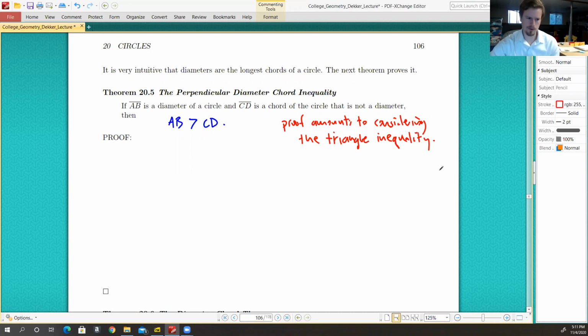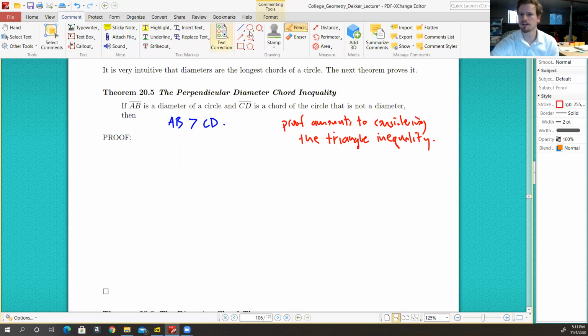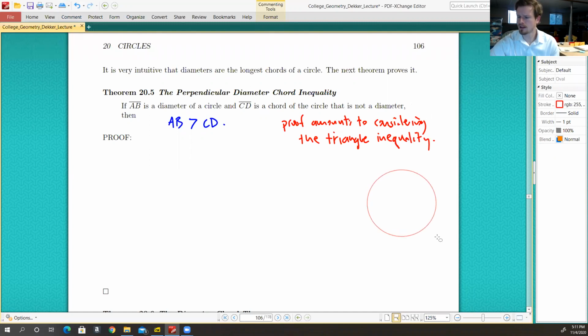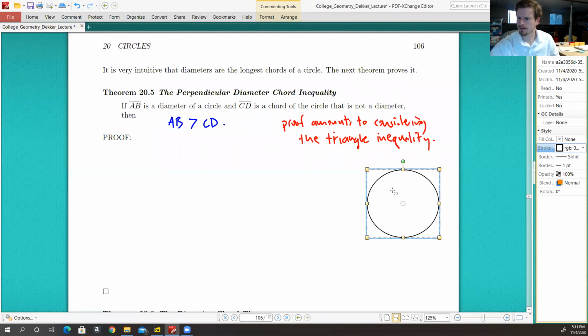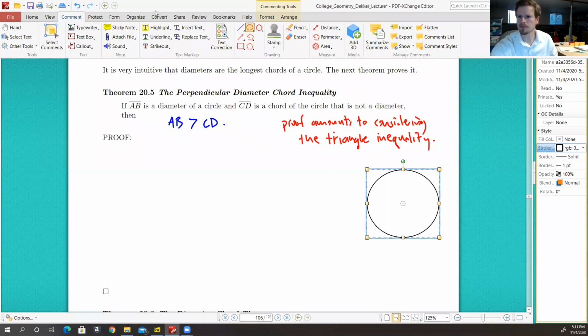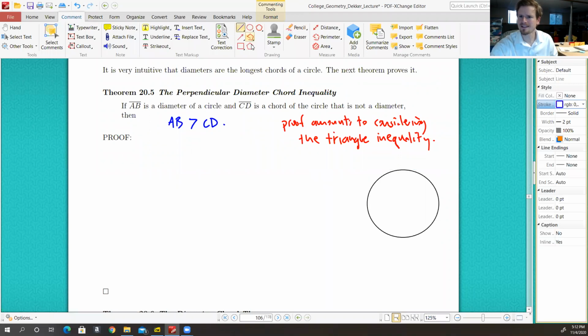Excellent. So what do I mean by that? Well, let's take a look at a circle. Let's make this circle black. And let's take a look at a couple of lines.